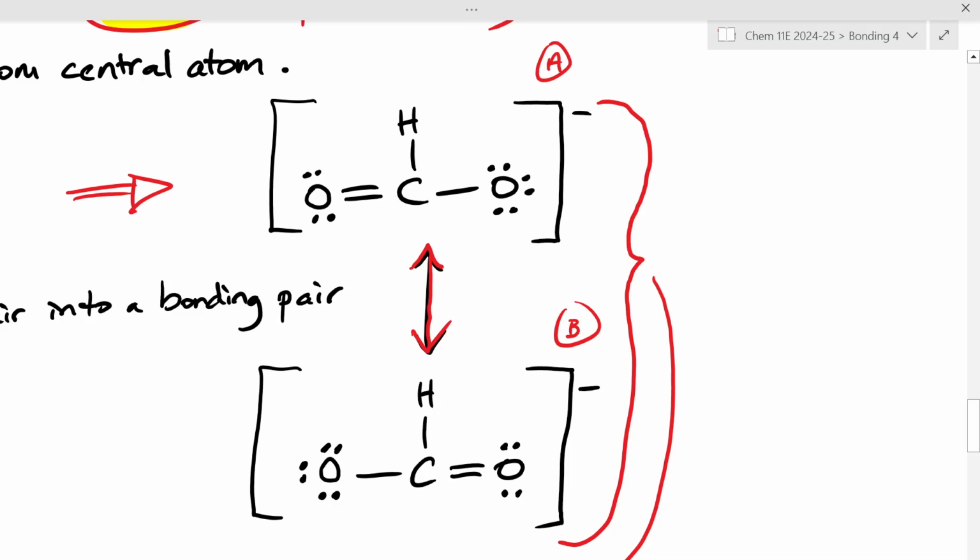Well, in order to get a double bond on the right-hand side, I'm going to need to take a lone pair and move it here. That's going to give me that double bond, yeah? Sadly, though, if I only do that, how many bonds will carbon have?